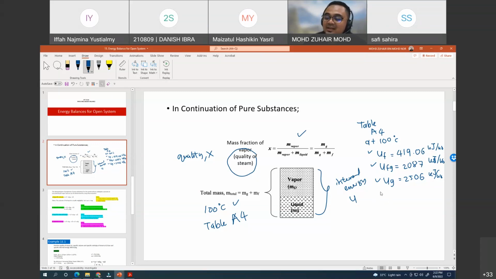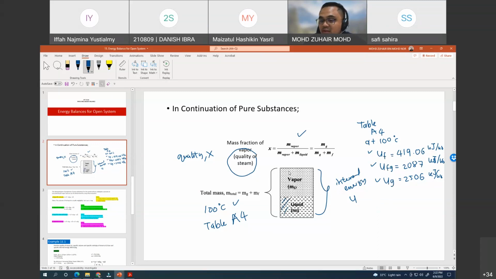Well, actually, because this is a mixture, we cannot just straight away use Uf or Ufg or Ug, because this specific internal energy is referring to the phase. Uf is referring to the liquid part only.